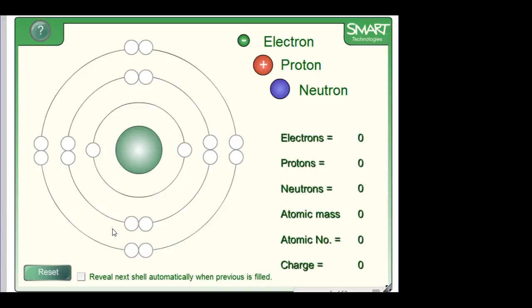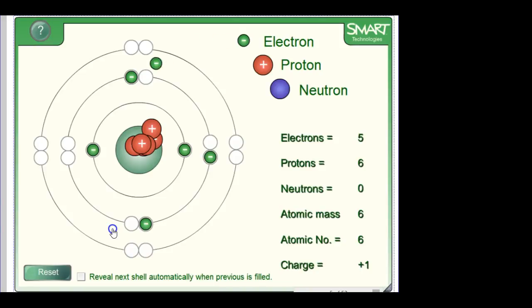How many protons does an atom of carbon have? Okay, so it has 6 protons. How many electrons does it have? In the first energy level, which is closest to the nucleus, you can fit 2 electrons, which means that the other 4 electrons need to go in the second energy level.